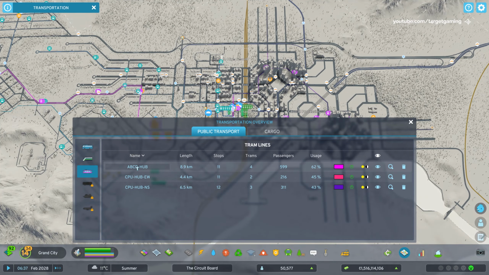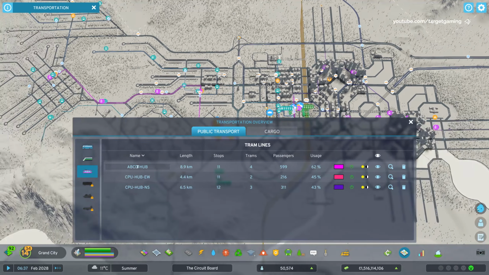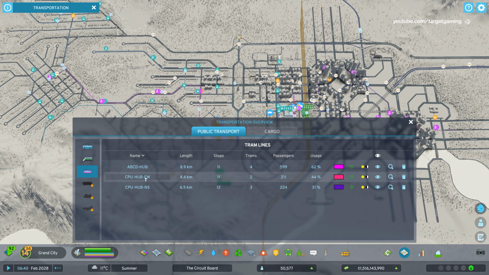This one, which is the old line, pretty much connects the sectors A, B, C and D to the public transport hub. Then we have the newest line, which connects the CPU to the hub in an east-western orientation, and then the same thing with the other line, which connects the CPU to the hub, but with a northern to southern orientation.